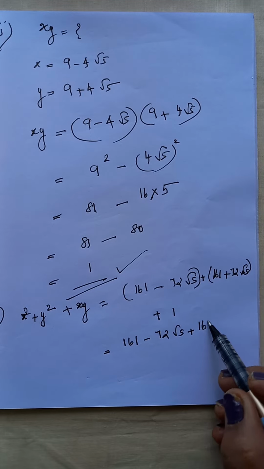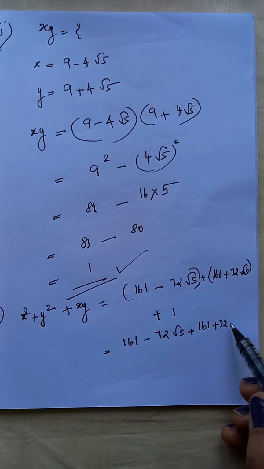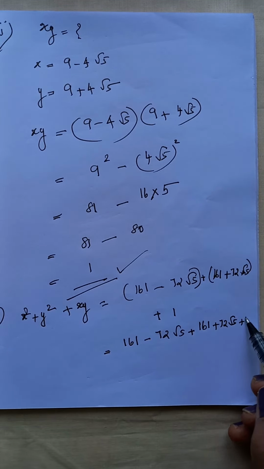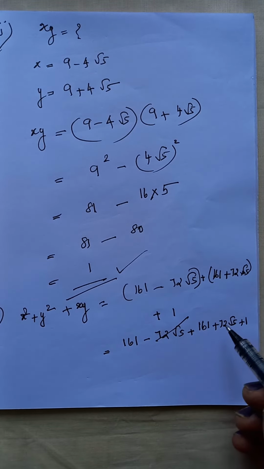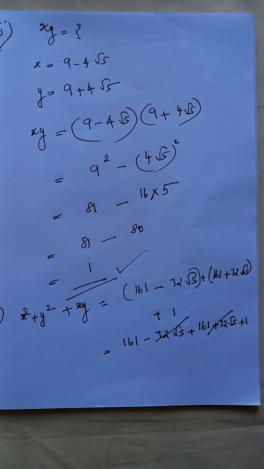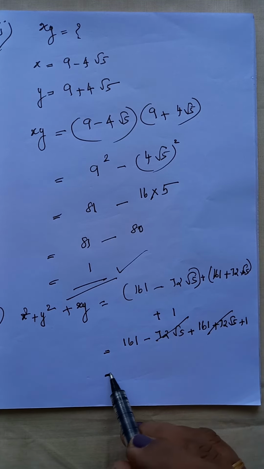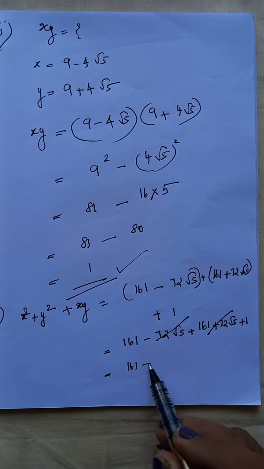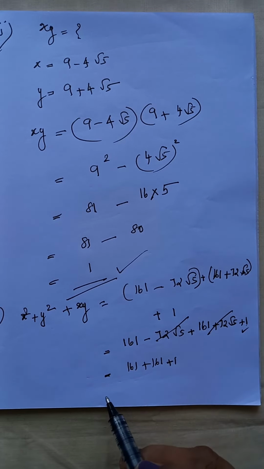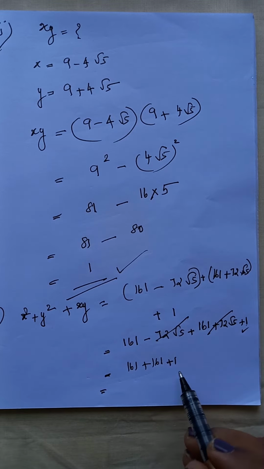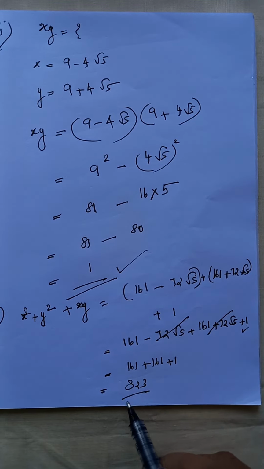So plus 161 plus 72 root 5 plus 1. Now we can cancel minus 72 root 5 and 72 root 5. So that is equal to 161 plus 161 plus 1. That is 322 plus 1. That is 323. That is the answer.